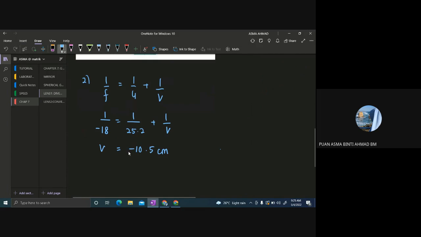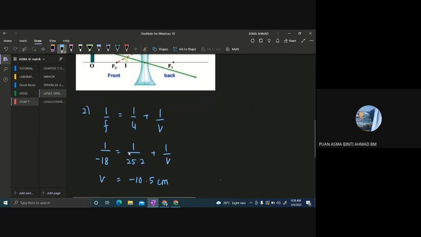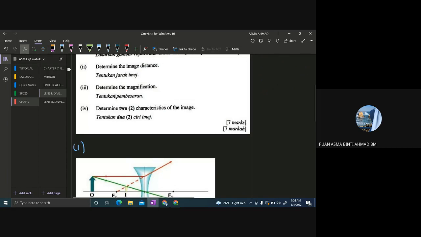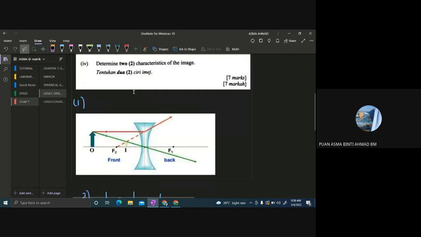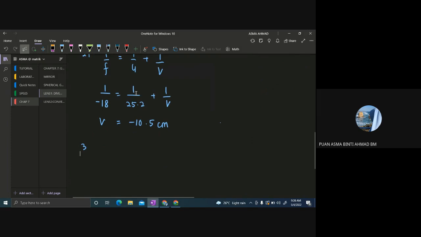For the third question, it asks for the magnification of the image. To calculate the magnification, we use the magnification equation m equals negative v over u. From the second question, we get v is negative 10.5, so we must substitute the negative sign, and u is 25.2.